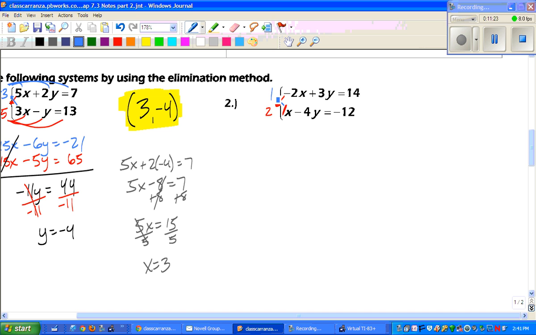And the 1 up. Now, when you multiply everything by 1, it just stays the same. So negative 2x plus 3y equals 14. We didn't change anything. And the bottom would be positive 2x minus 8y equals negative 24.